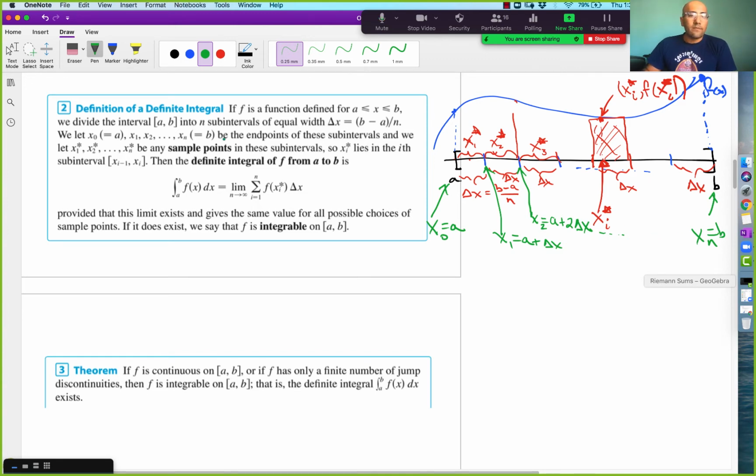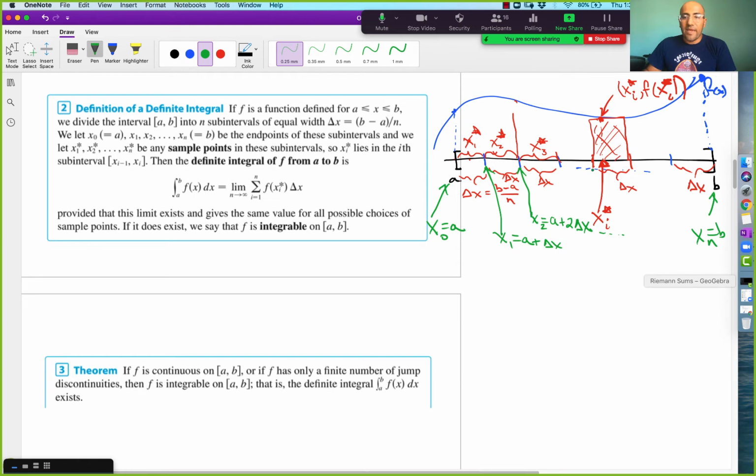Good. Okay, the endpoints of the subintervals, and now we let x sub 1 star, x sub 2 star, all the way out to x sub n star, be any sample of points, right? Any sample points in the subintervals, so that the x sub ith star lies in the ith subinterval, which is going to be described by these endpoints.